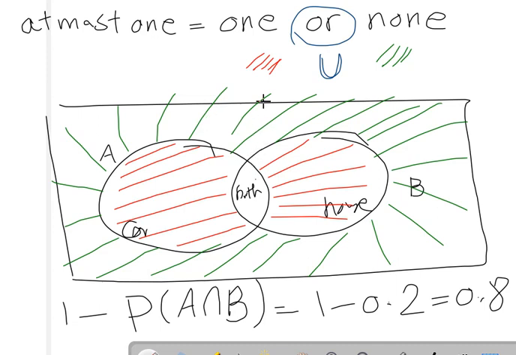Or also you can, because this green area and this red area are disjoint, add the results of the one and the results of the none. It means one of them plus none of them, because they are disjoint.